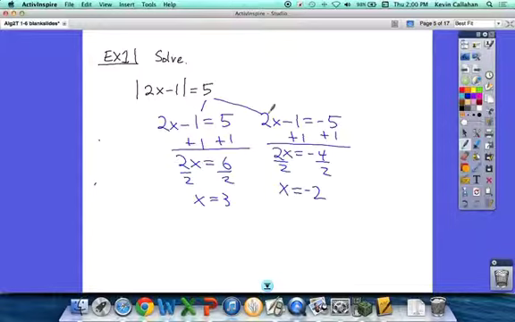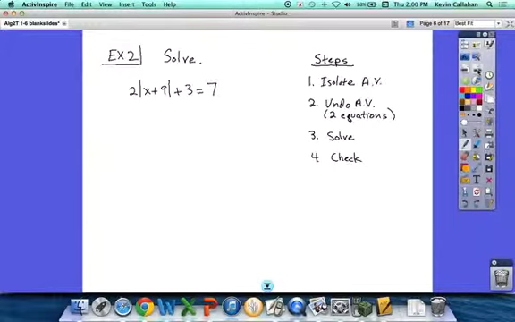Now, the next. Here's the steps for an equation. It's not always the case, sometimes the case, that when you start the problem, the absolute value is the only thing on that side of the equal sign. But it's very common that it would look something like this.